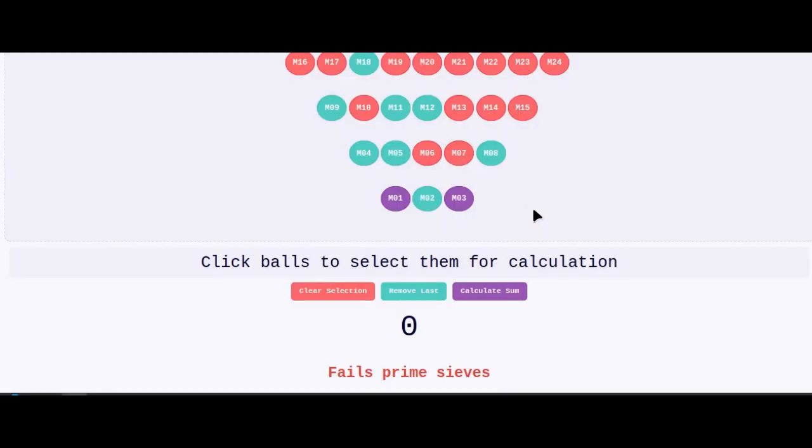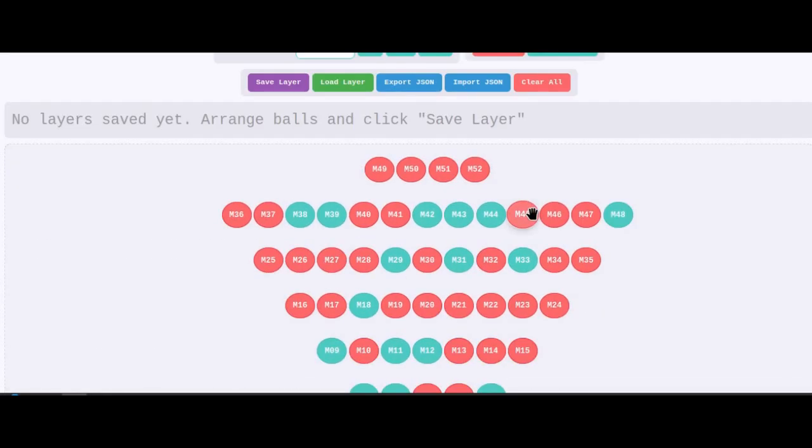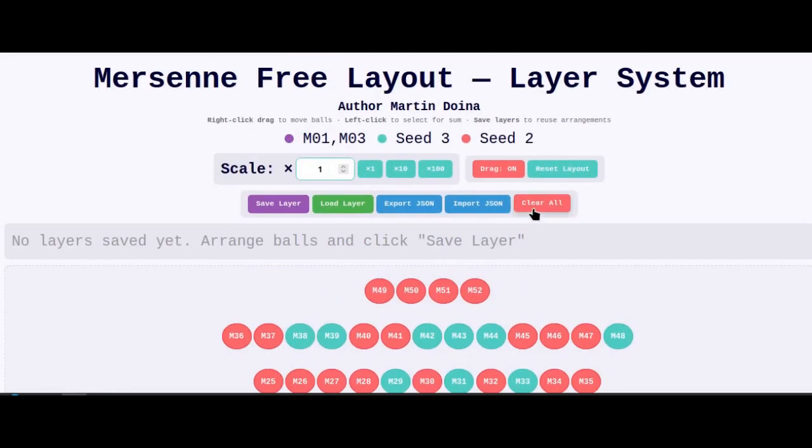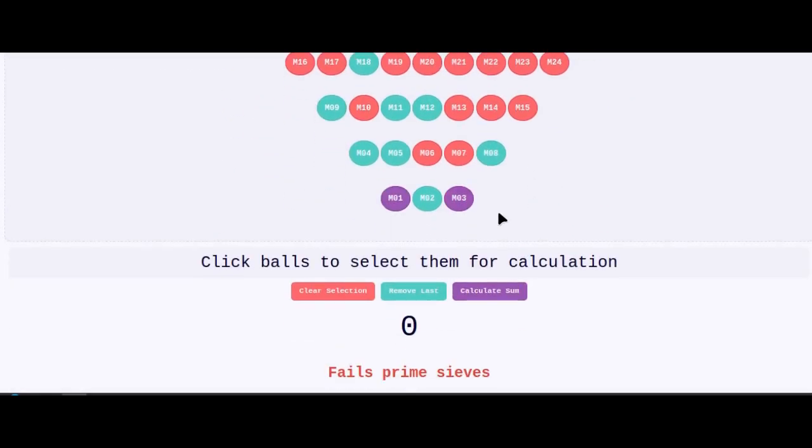Notice the pattern. The pyramid isn't random. It's organized by digital root and last-digit properties. Mersenne exponents ending in 1, 3, 7, or 9 cluster together naturally.